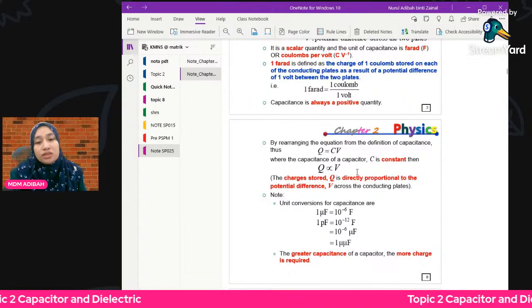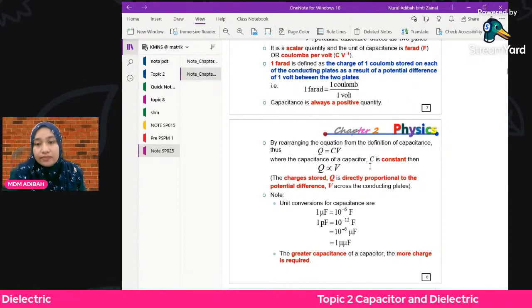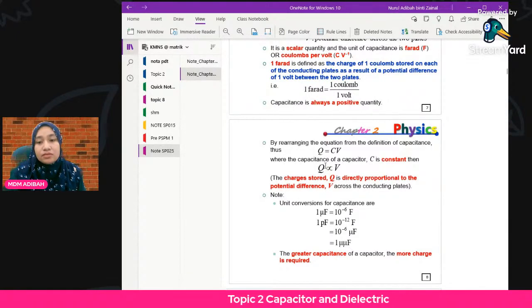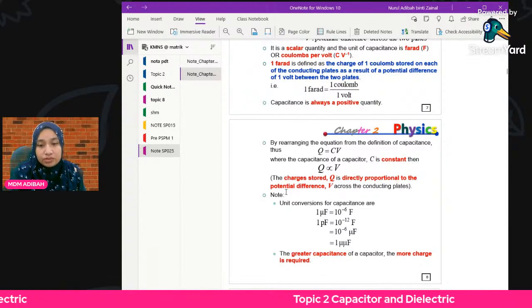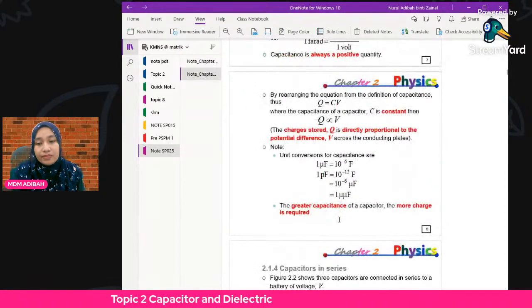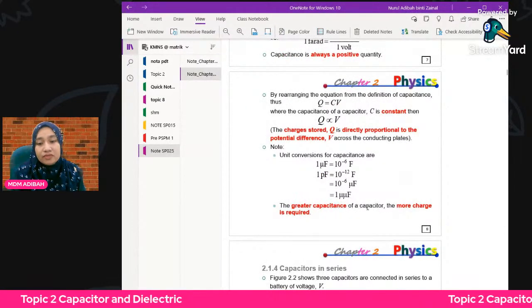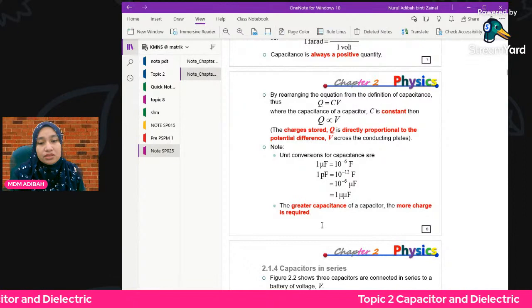So what affects C, daripada Q and V? Q, the charge stored, is directly proportional to the potential difference V across the conducting plates. The greater the capacitance of a capacitor, the more charge is required.